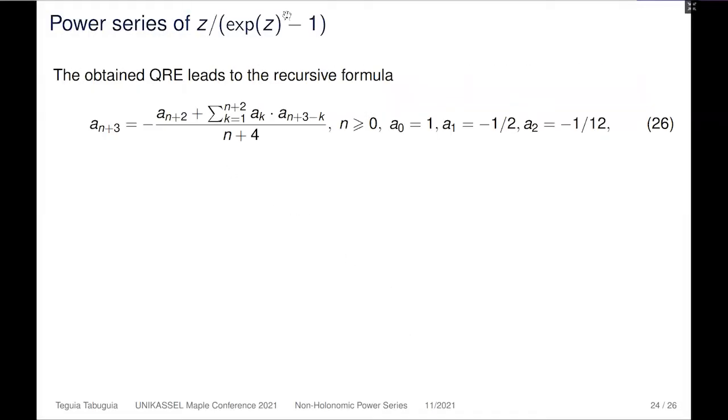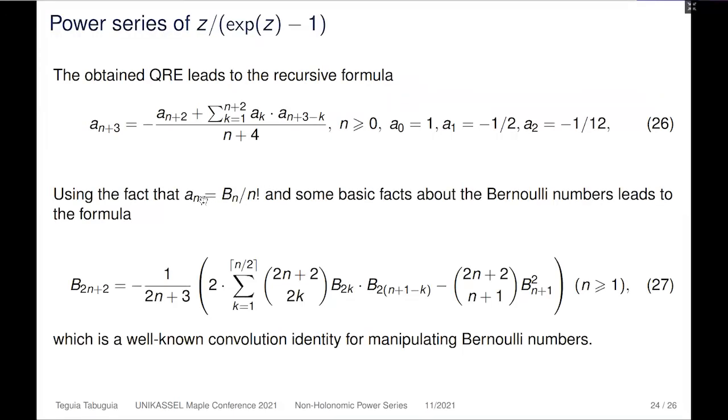For example, for the generating function of the Bernoulli numbers, here is the recursive formula of the coefficients. And from this formula, we can recover well-known convolution identities involving the Bernoulli numbers. For example, starting from the fact that the coefficients have this relation with the Bernoulli numbers, and using a basic fact about the Bernoulli numbers, which is that the only odd-indexed nonzero term is the term with index 1, we deduce these formulas, which are well known and can be found in many references about Bernoulli numbers.